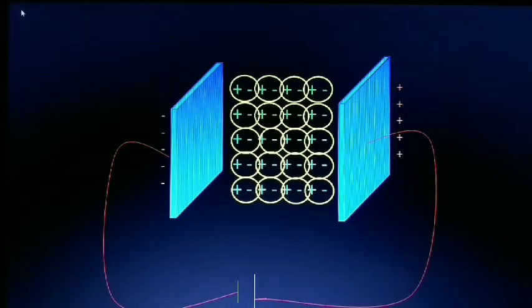Now each atom is said to be a dipole because now it is having two electrical poles, a positively charged pole and a negatively charged pole. Therefore, every atom is known as an electrical dipole. If it is a molecule, then the molecule is known as the dipole.